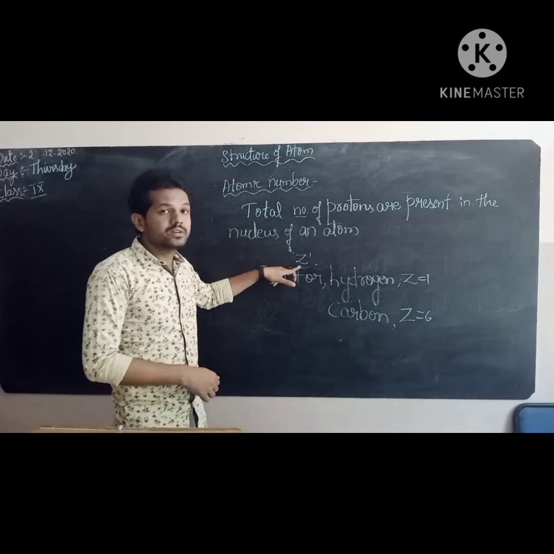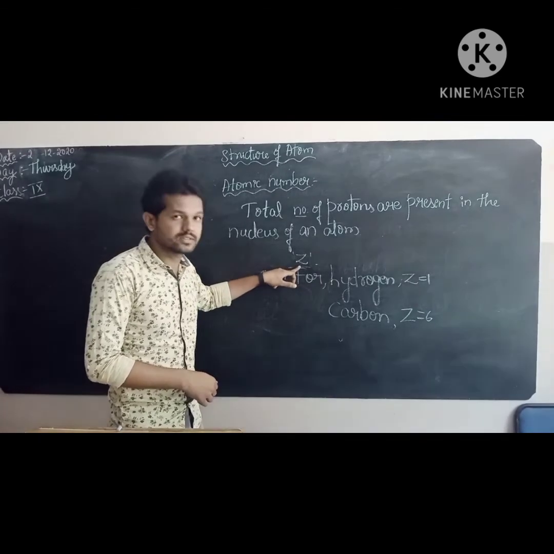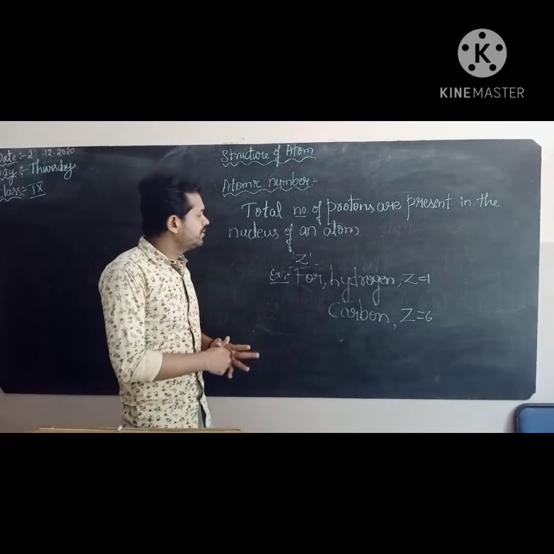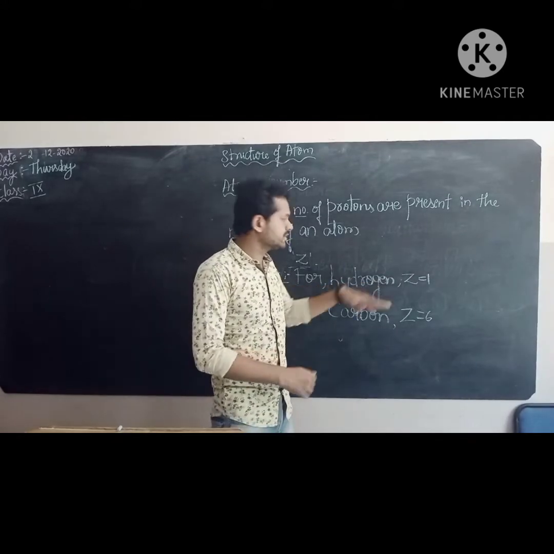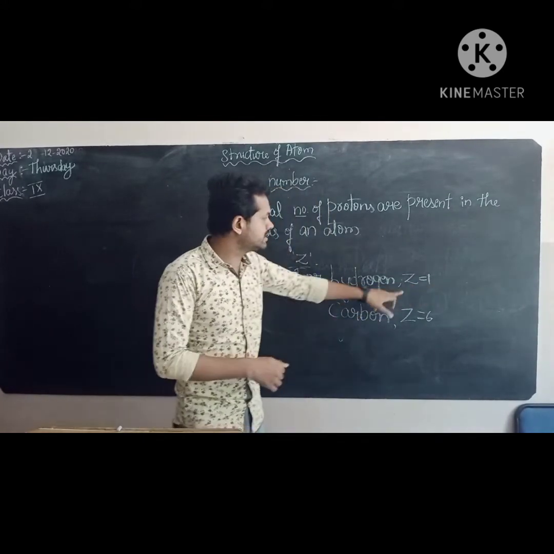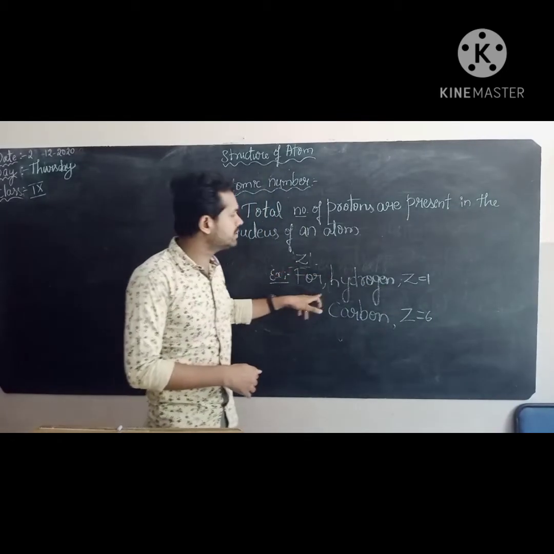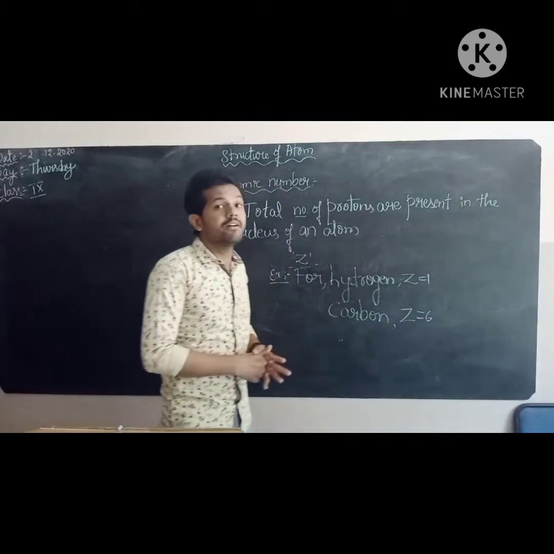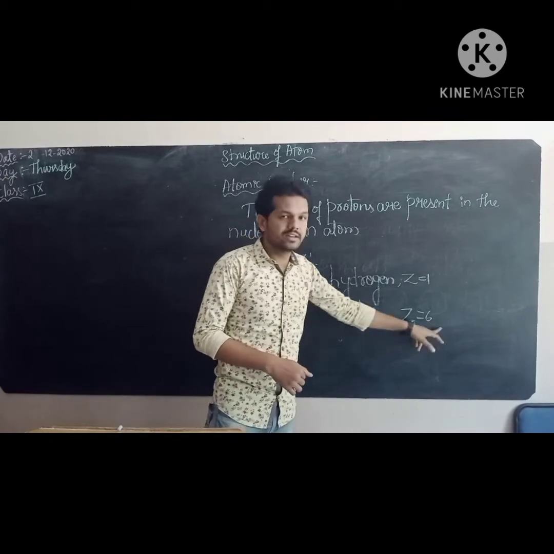It is denoted by the symbol Z. For example, hydrogen, Z equals 1. Z is nothing but atomic number. The atomic number of hydrogen is 1. Carbon, Z equals 6.